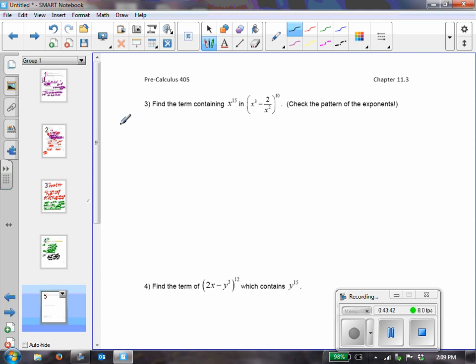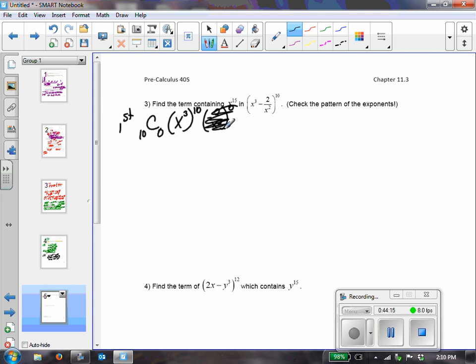My first term is going to be 10 choose 0, and then x cubed to the exponent 10, and then the next one, negative 2 over x squared to the exponent 0. That's my first one. I don't even need to write this, because we know that's equal to 1.